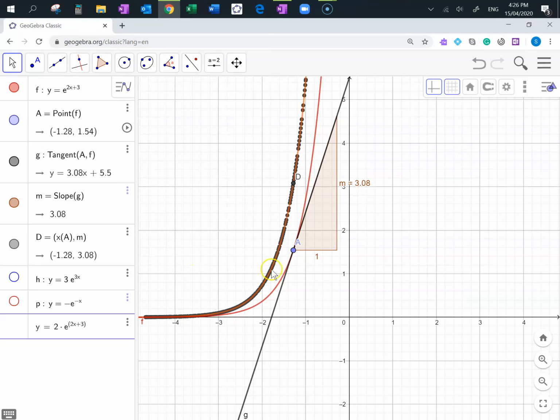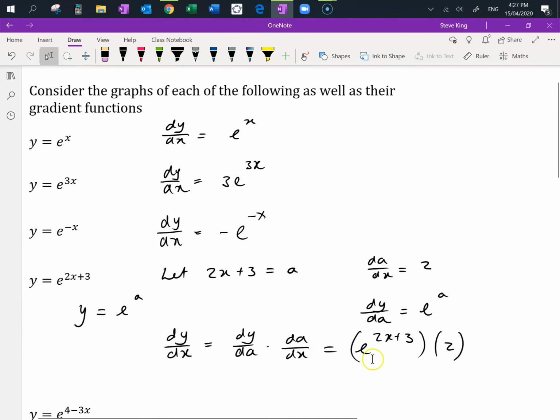And we can see there is the curve. It's showing it to be exactly the same. And so the situation is this: if we deal with exponential functions, we're going to have to deal with this function as a compound function. We go back to the set of examples.